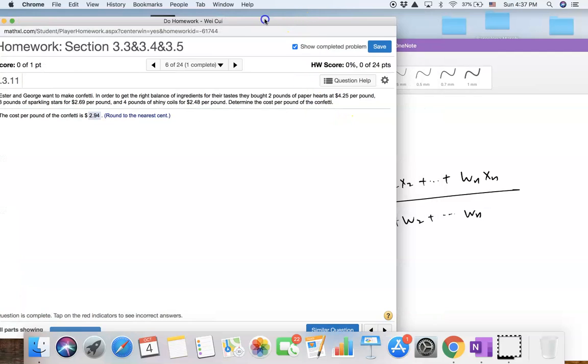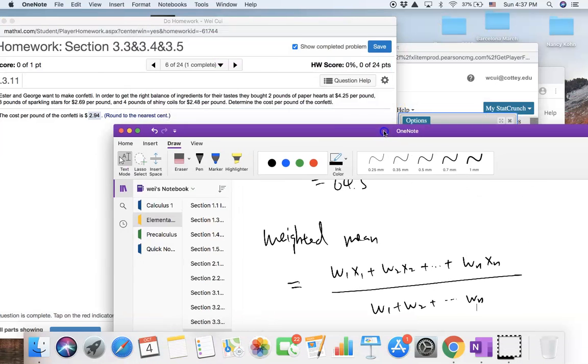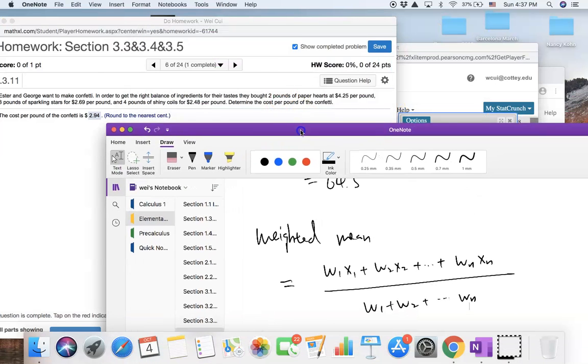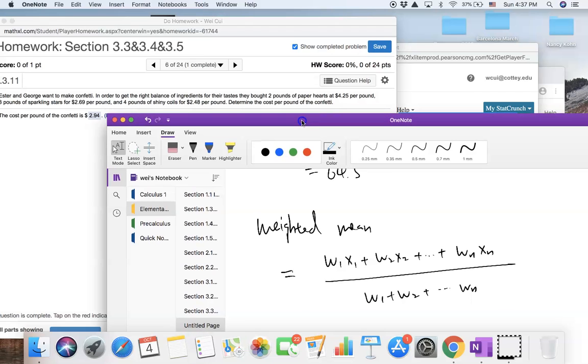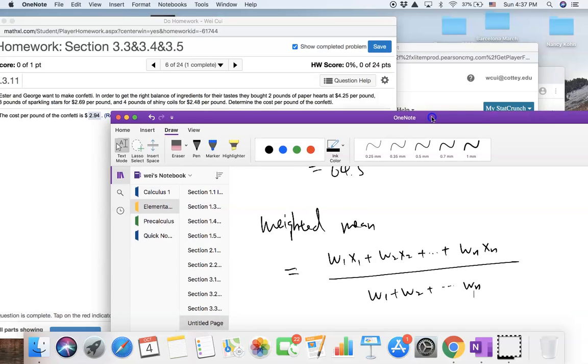Now here, since we want to find the cost per pound, therefore the pound will be our weight. So we use a pound as the weight.